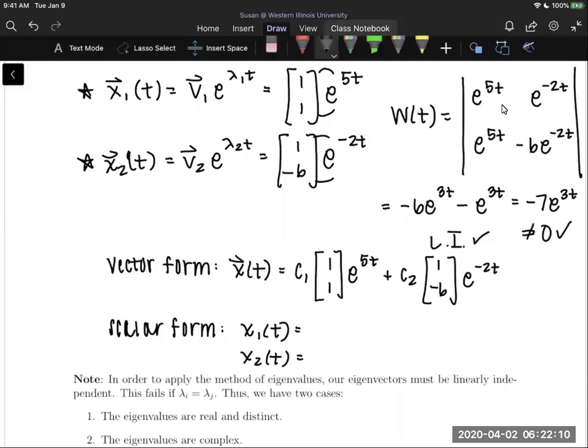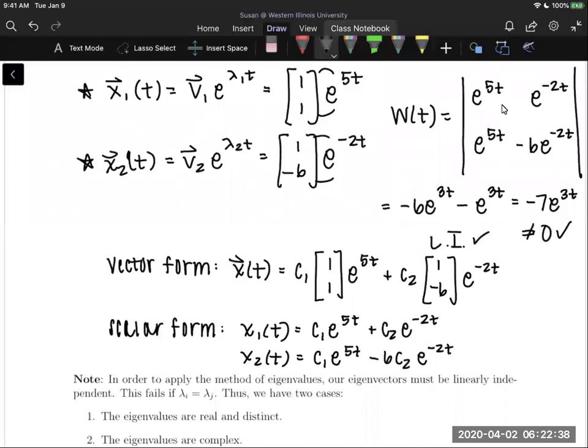And all I'm going to do is read off the top row. So that's going to be c1 e to the 5t plus c2 e to the -2t. And that's going to be your expression for x1. And then x2 is going to be across the bottom, c1 e to the 5t minus 6c2 e to the -2t. And so those two scalar expressions form the scalar solution.